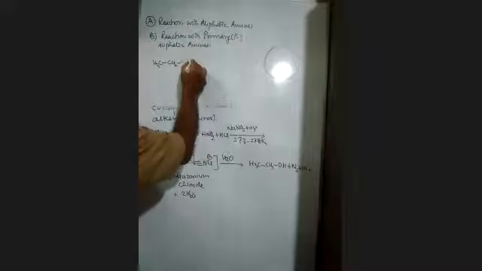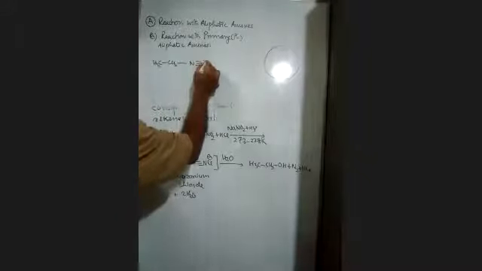Up to this much, did you write the upper portion? Okay, then let me write. Let us see how it forms. Don't write the equation now. See here: CH3CH2, this is the diazonium cation.